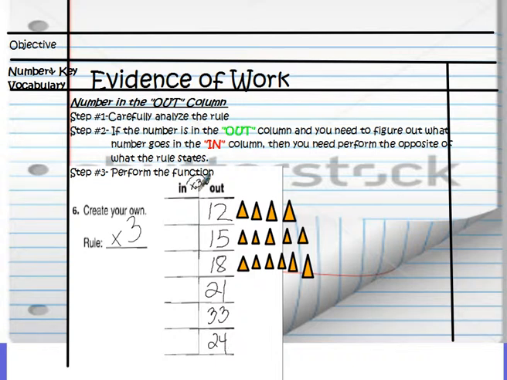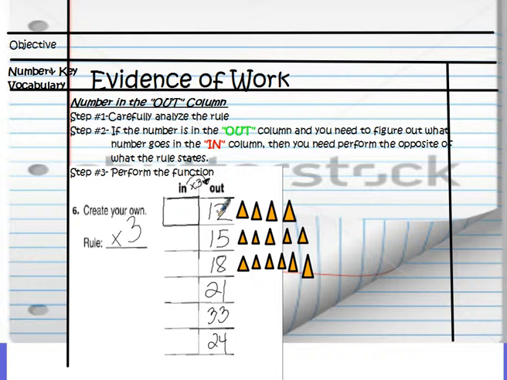Okay, so now the rule is times 3. So if I had my number in the n column, then I would need to multiply whatever is in that box times 3 to get 12. But I don't have it there.